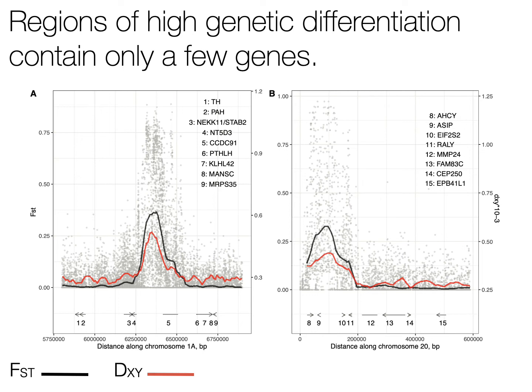What you're seeing here in black is FST and red is DXY, so measures of relative and absolute divergence, both suggesting that these regions are resistant to gene flow, and given the gene associations with them, we think connected to phenotype. When you look at the combinations of phenotypes that individuals have, it seems like the region on chromosome 20 plays a stronger role in dictating whether an individual has a white or black face and neck.